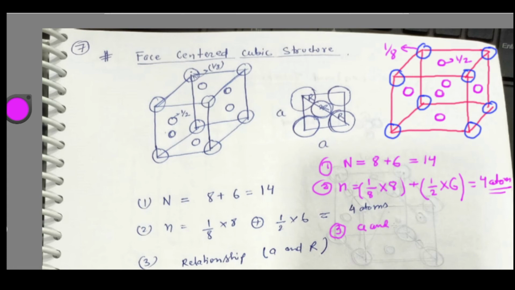And now the relation between A and R, meaning the side and the radius. Draw one structure here like this. Suppose I am drawing a structure for one face, the front side face. So how will it look? It will look like this.